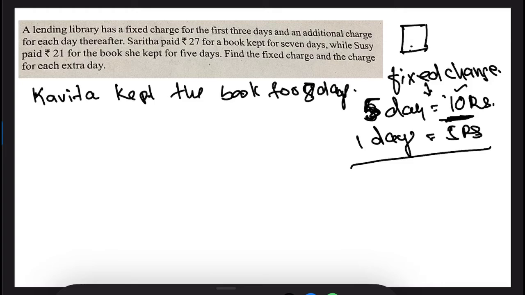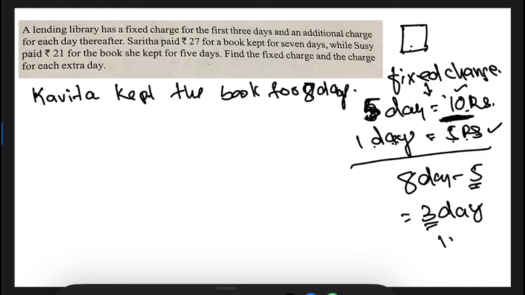I will say, you see, 5 days is 10 rupees. You kept it for 8 days total, so 8 days minus 5. The 5 days is the fixed charge. After that I will charge 5 rupees for each day. So 3 days remain. For 3 days, 3 fives are 15 rupees.